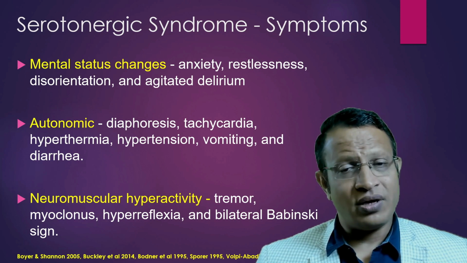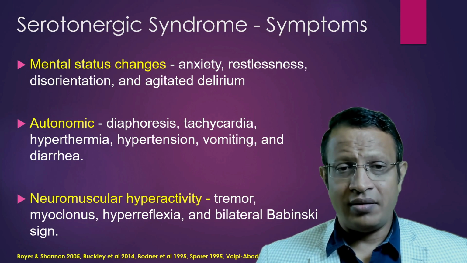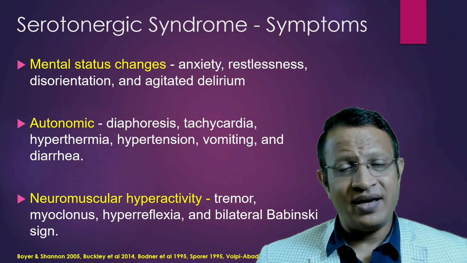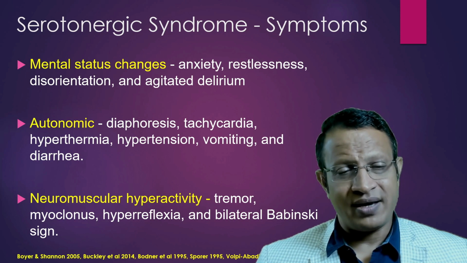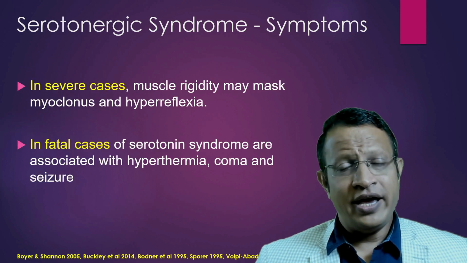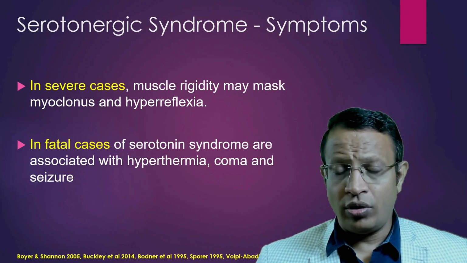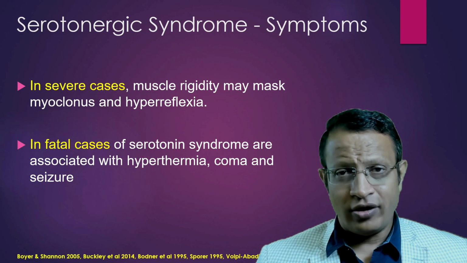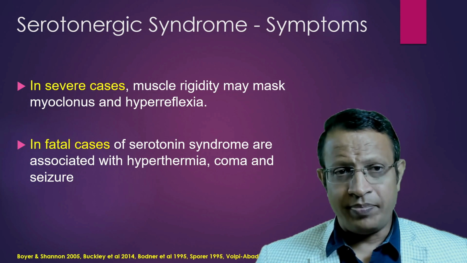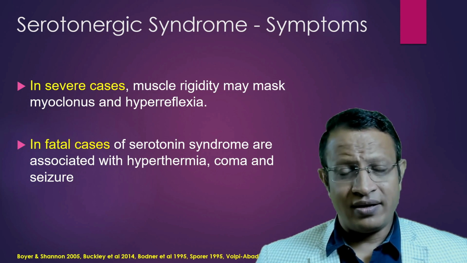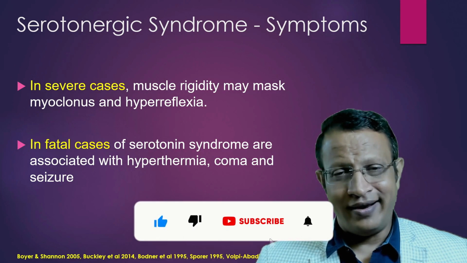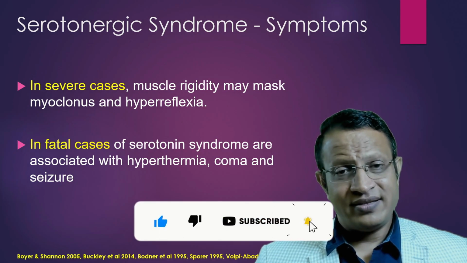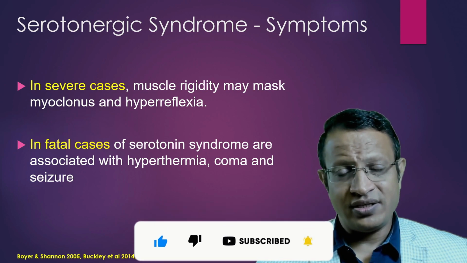Further, neuromuscular hyperactivity: tremor, myoclonus, hyperreflexia, and a positive plantar reflex, also called the Babinski sign. In severe cases, you can see muscle rigidity, which is similar to neuroleptic malignant syndrome, and also myoclonus and hyperreflexia. In fatal cases, there will be hyperthermia, seizure, coma, and death. So these are the symptoms seen in Serotonergic syndrome.